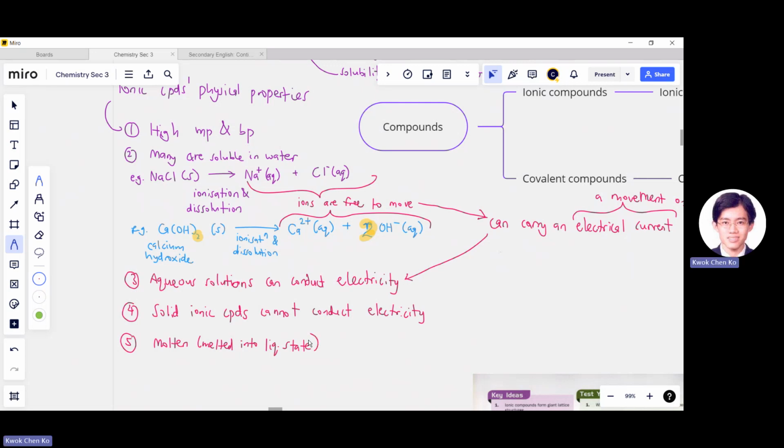Please try to remember this word molten. You will definitely see it here and there. So the last part, molten ionic compounds. How can they conduct electricity? Yes, good.